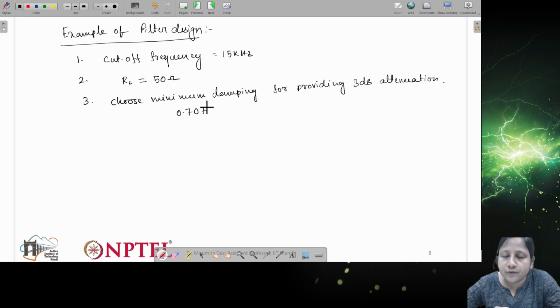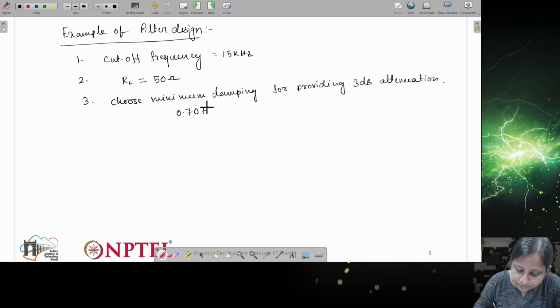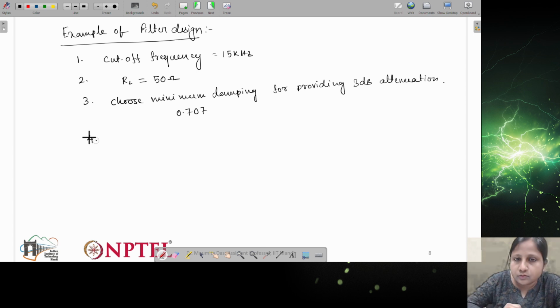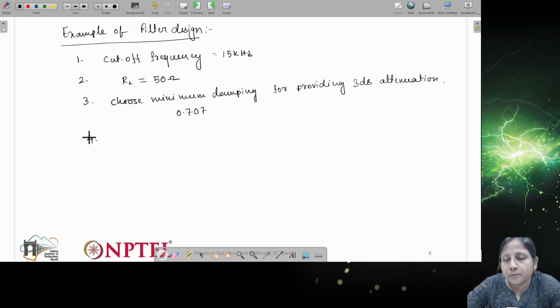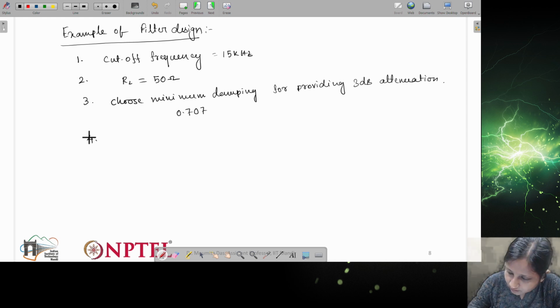You can choose a different damping factor also, right? Now we have to find out this L and C from omega n and zeta, right? So omega n I can get from 2 pi into this cutoff frequency, that is 15 into 10 to the power 3.